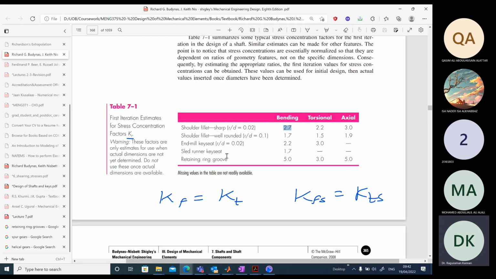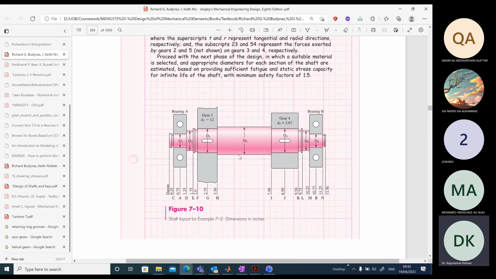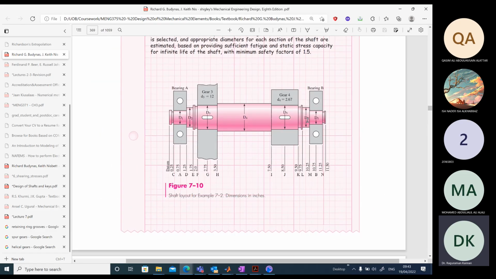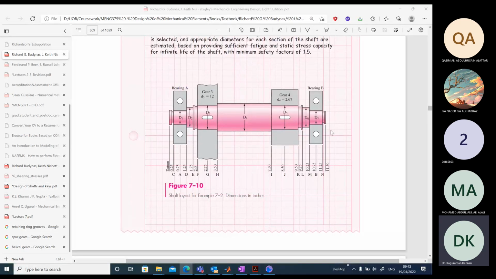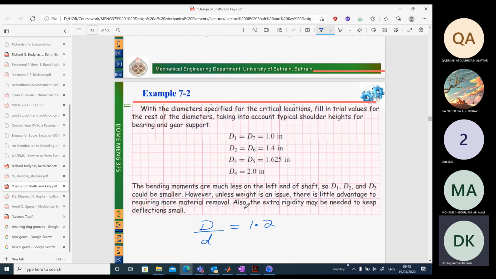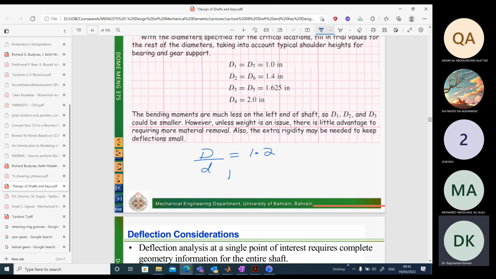Sorry, it should be D6 and D7. So based upon this ratio, D6 over D7 should be 1.2 typical value, and then D6 over 1.